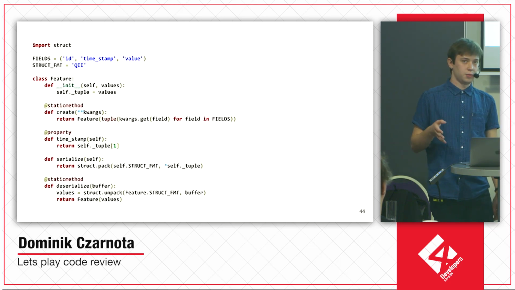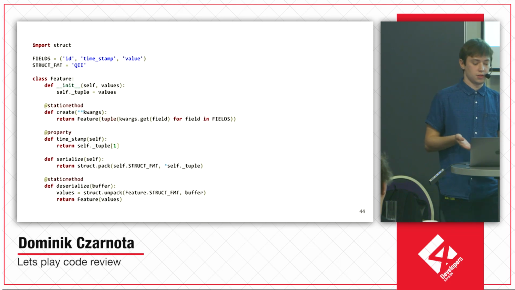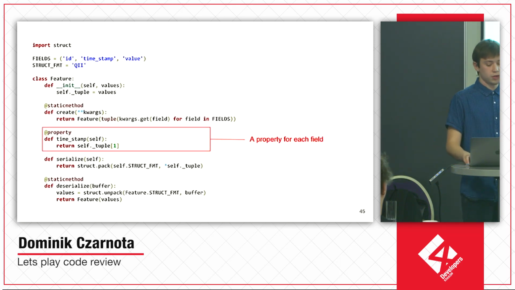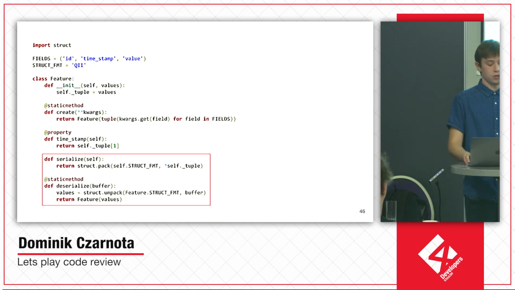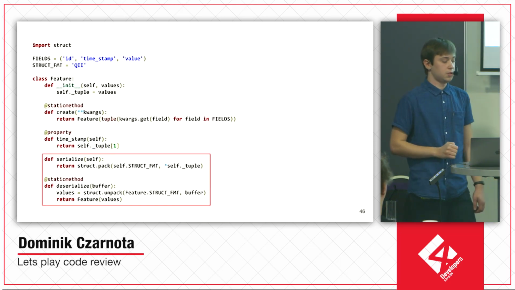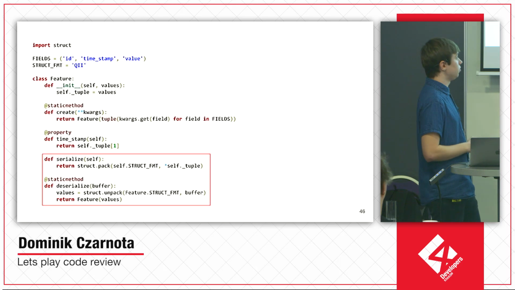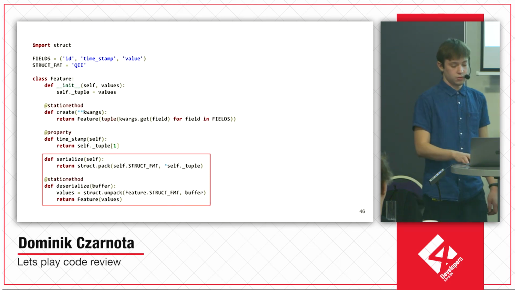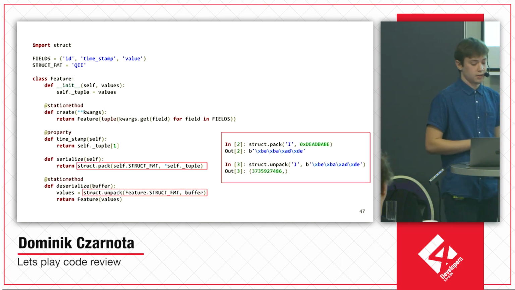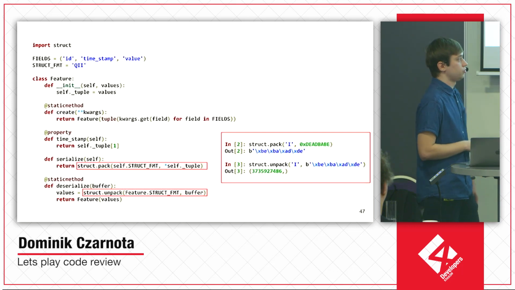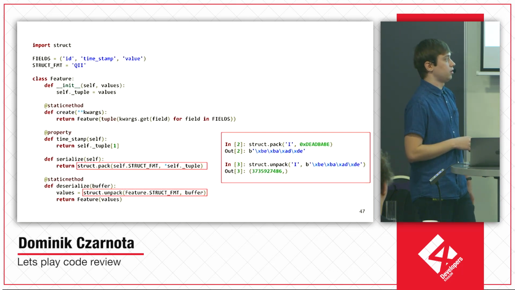So this is kind of weird, because you write a class to use a tuple instead. But yeah, you write a property for each of the fields, and then you have those serialize and deserialize methods that use the struct built-in module to actually pack it into some binary data or retrieve it from the binary data.